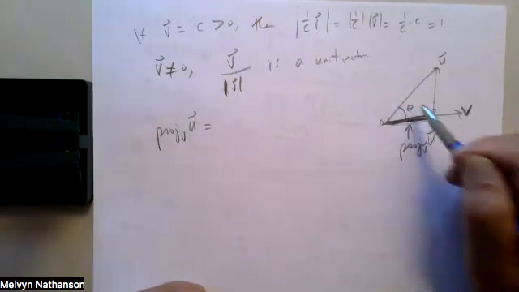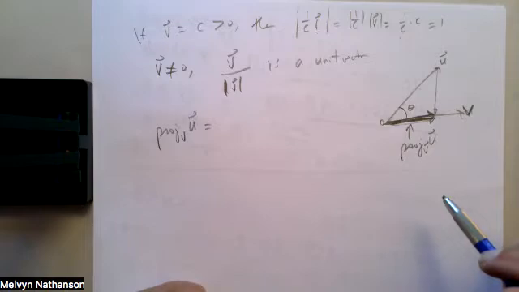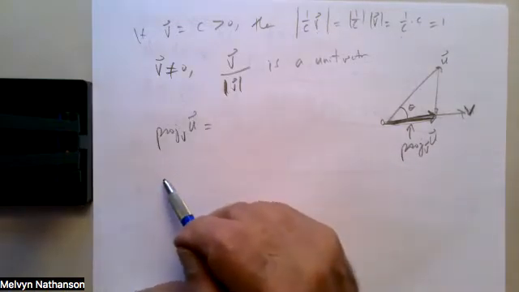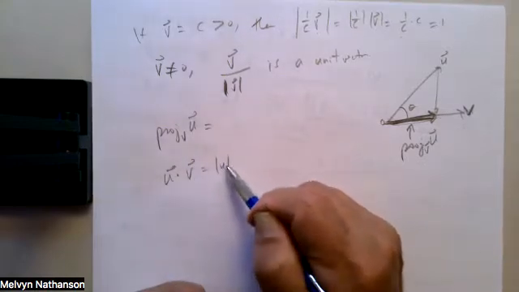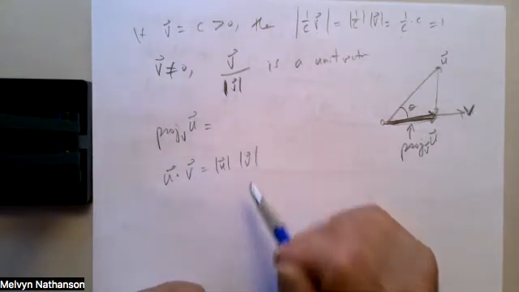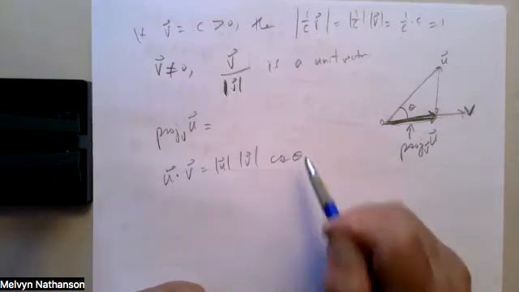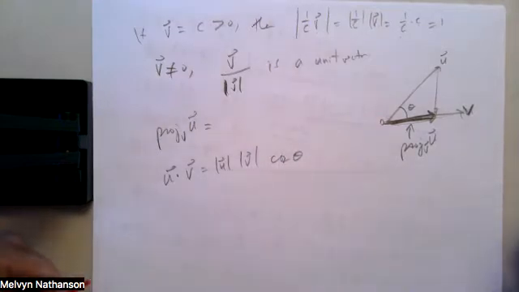Suppose the angle between them is theta. So the dot product of u and v would be the length of u times the length of v times the cosine of theta.